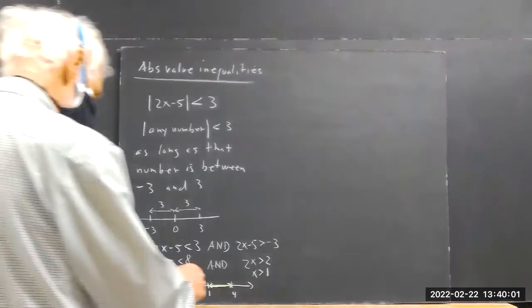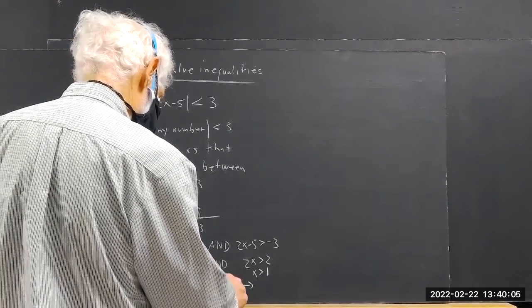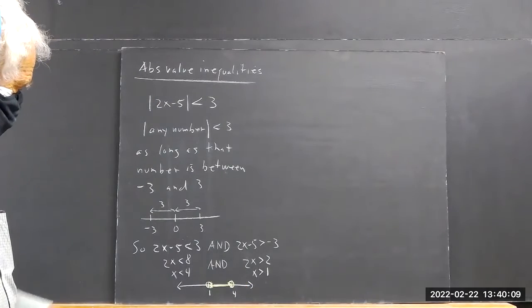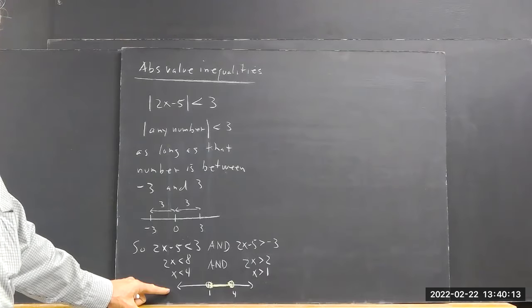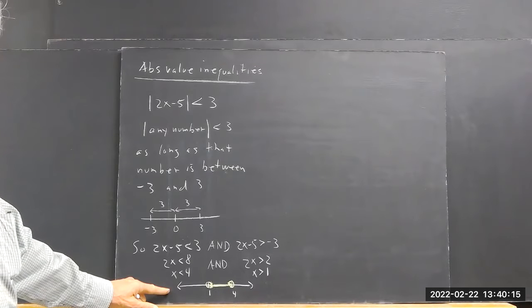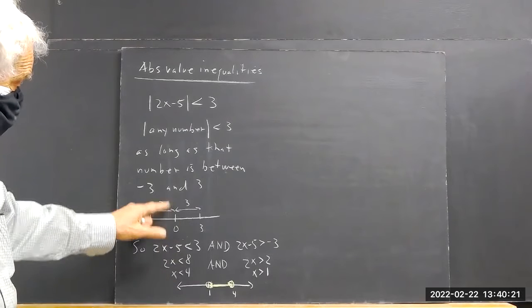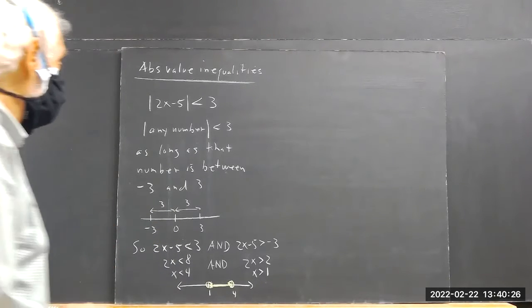Or actually, I don't want to use arrows. I could use open circles. So if you're used to the idea that an absolute value equation splits into two equations, then it's not much of a stretch to understand this, but there's a complication.